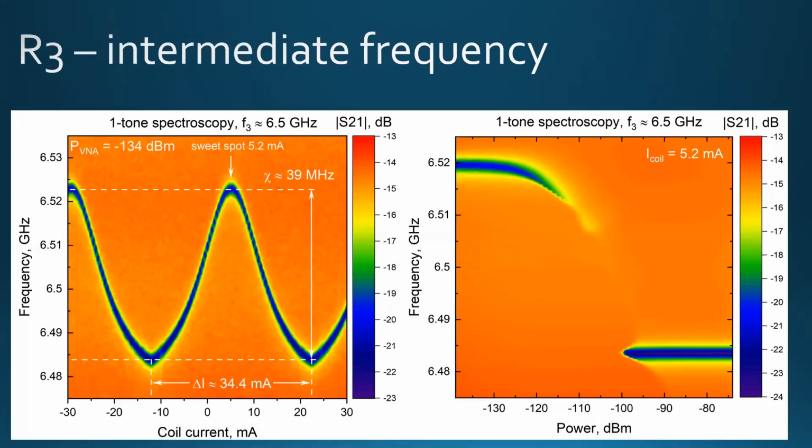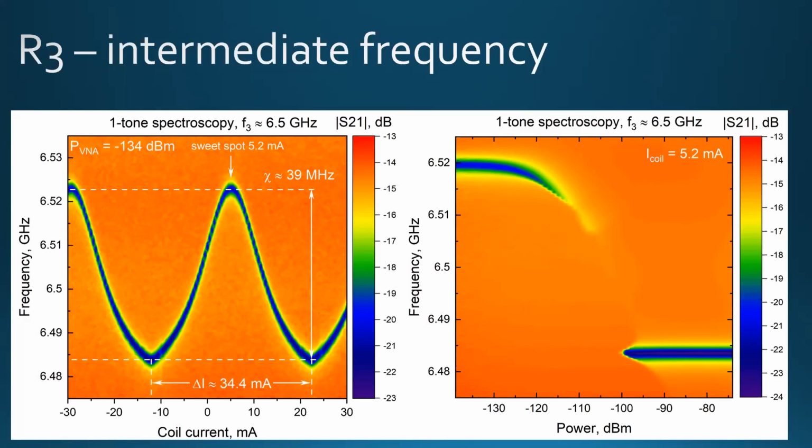Then the next resonator has an intermediate frequency of approximately 6.5 gigahertz. But we can see a very big influence of the qubit on this resonator. The frequency changes by 40 megahertz.